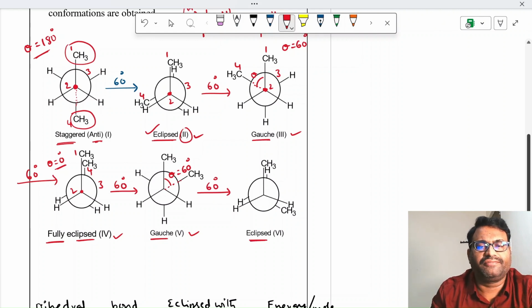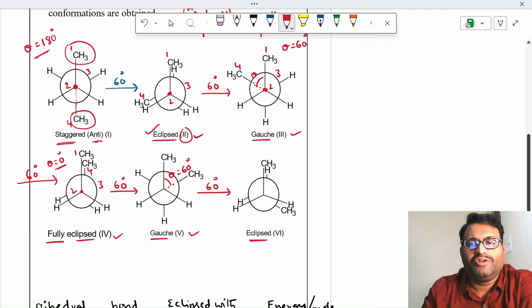Eclipsed conformation. Here you have to see that two types of eclipsed are there: one is eclipsed, another is total eclipsed or fully eclipsed. In fully eclipsed, you find the dihedral angle between CH3 and CH3 is equal to 0.